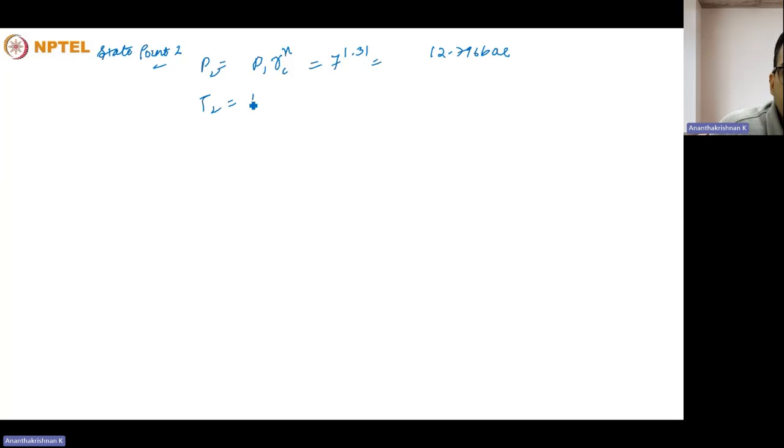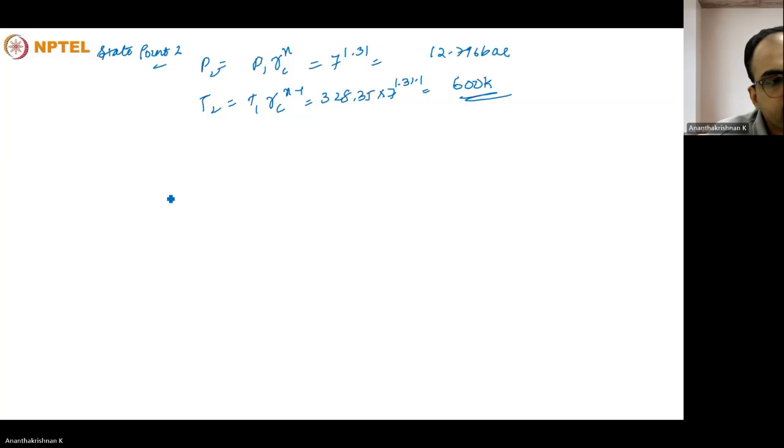And T2 is equal to T1 times RC raised to gamma minus 1, that is 328.35 into 7 raised to 0.31, equal to 600 Kelvin. So this is state point 2.